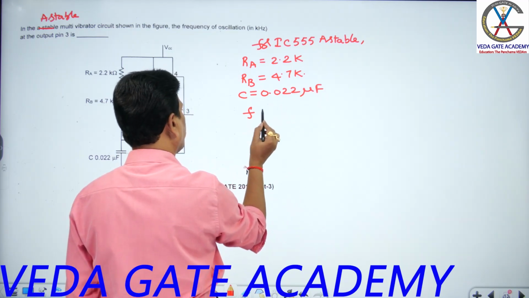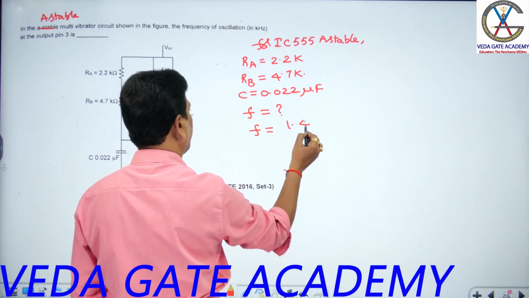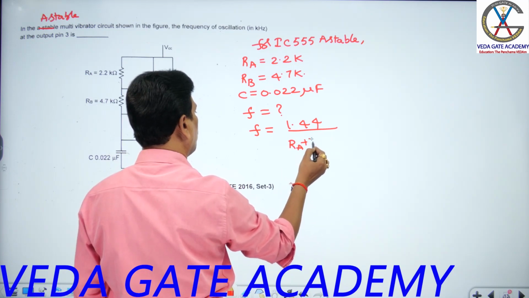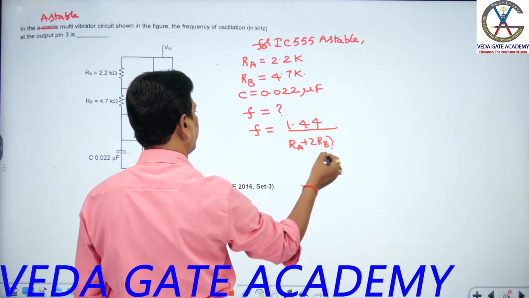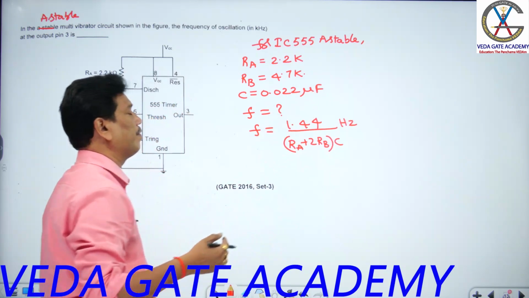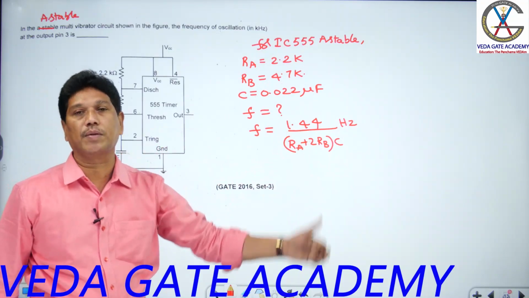He is asking the frequency, students. You know the formula for frequency: 1.44 by (RA plus 2RB) into C. This is the formula for the IC555 astable multivibrator frequency of the square wave.